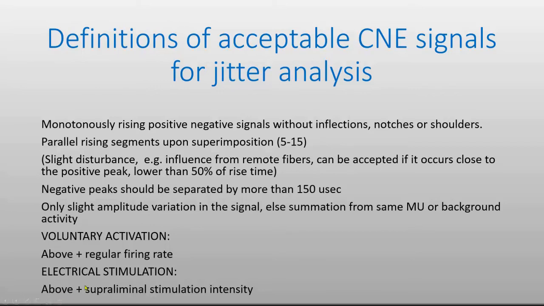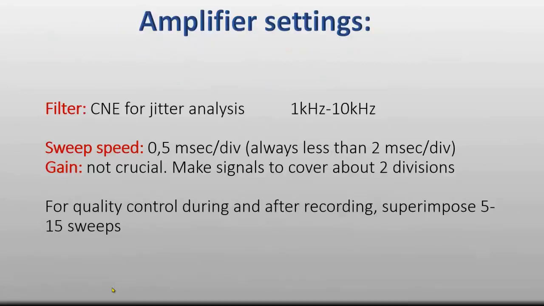During voluntary activation, we must make sure that we have a relatively regular firing rate from the patient, and with electrical stimulation we should make sure that we use a supramaximal stimulation intensity.